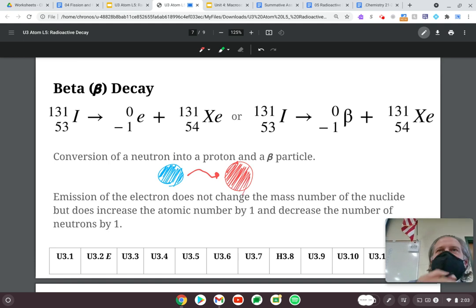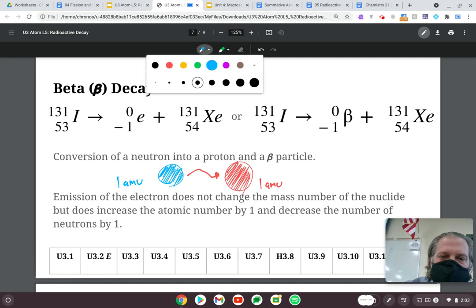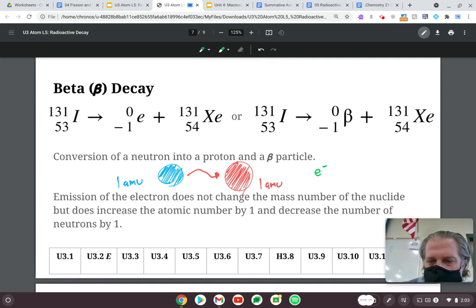Now, they're both the same mass. This is 1 AMU. This is 1 AMU. But it just went from being neutral to becoming a positive particle, which in this case is the proton. And what's given off is the high-speed electron, like this.